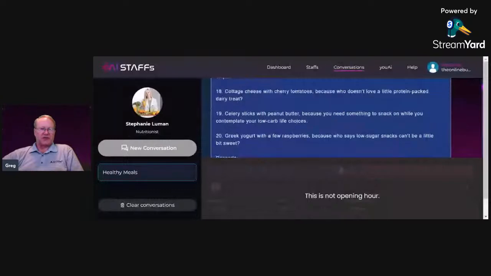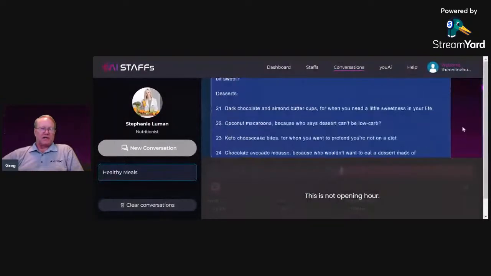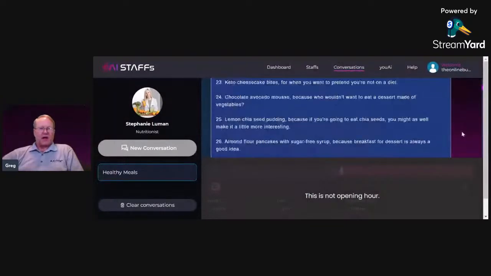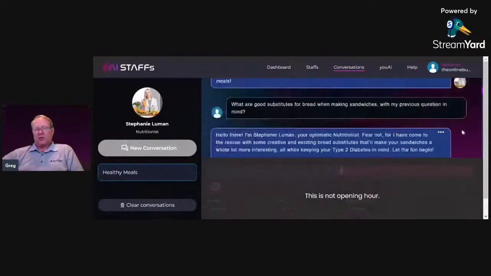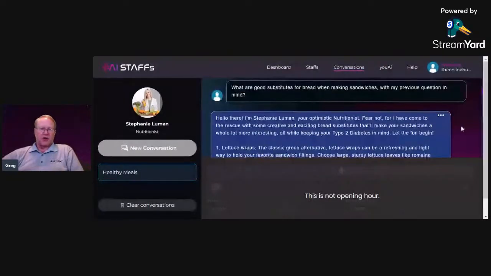I asked for some desserts, and it just goes on. One of the questions that I asked it was regarding substitutions for bread, because believe it or not, white bread, for example, has a ton of carbs and sugar.